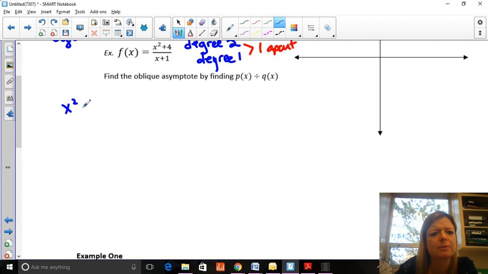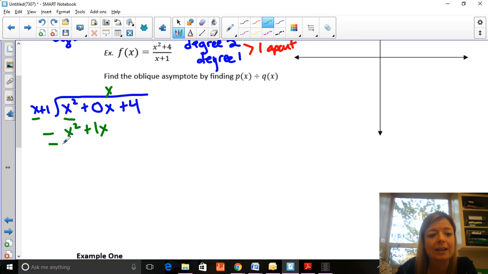So x squared plus 0x, sorry, you've got to have your placeholder, plus 4, divided by x plus 1. Remember, x squared divided by x is just x, so you put that above. x times x plus 1 is x squared plus x.